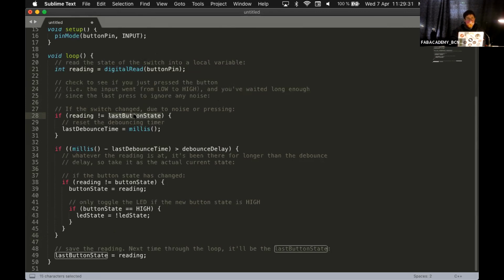We can initialize that to a known state. But if we know that it differs, then we start counting time, okay? Whenever I have passed a certain delay, then I read again and assert whether or not the actual reading has changed.